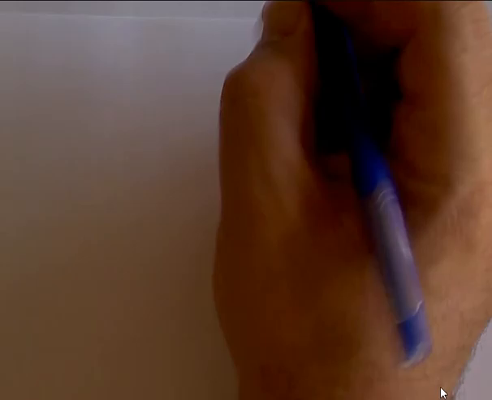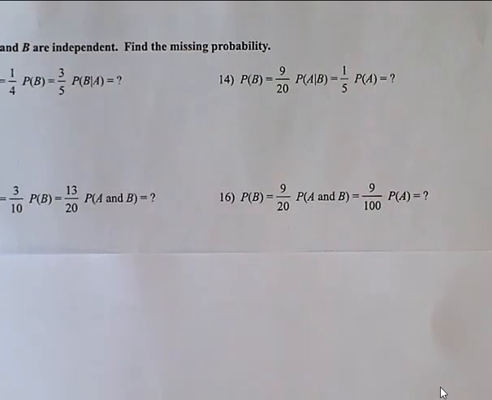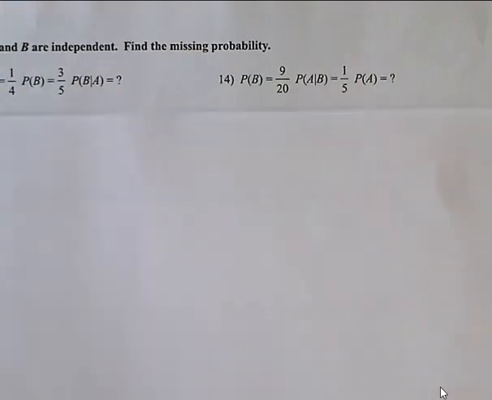I know the probability of B is 9/20. The probability of A given B is 1/5. What's the probability of A?